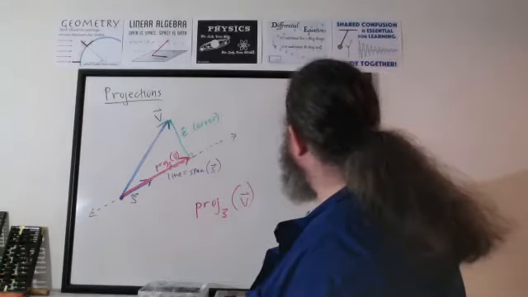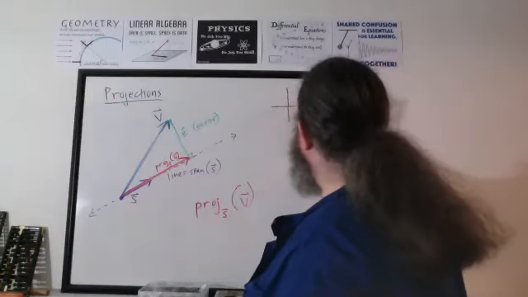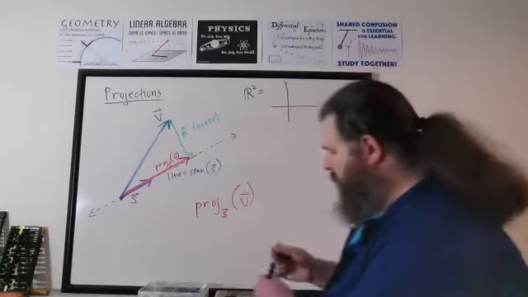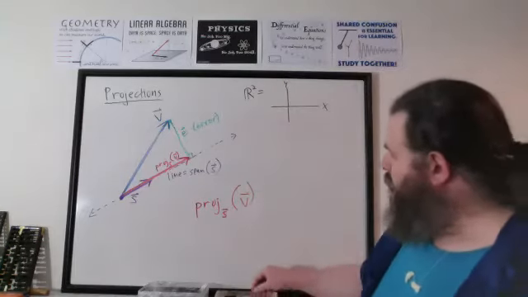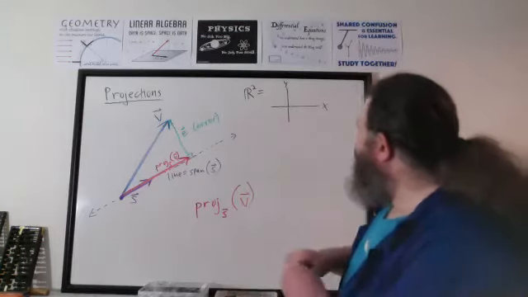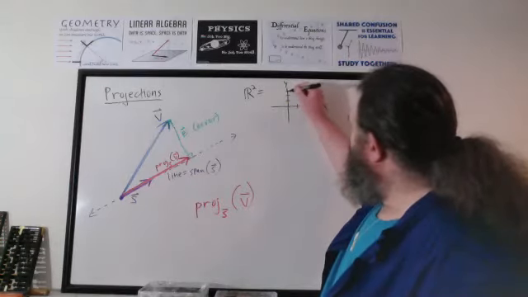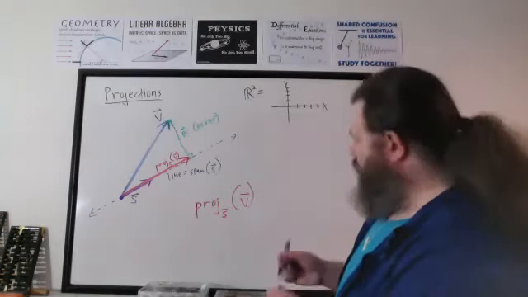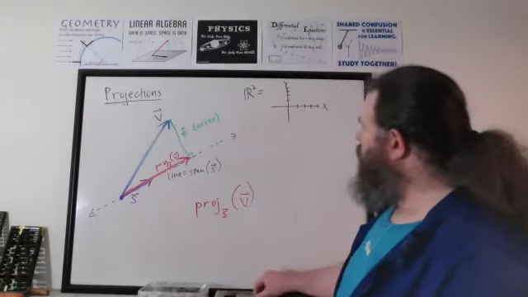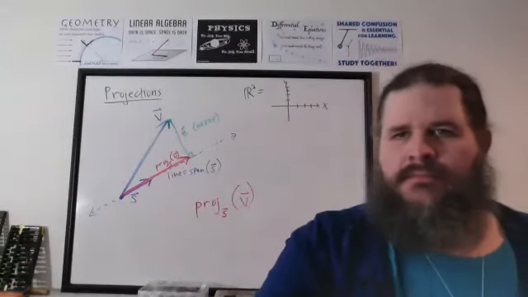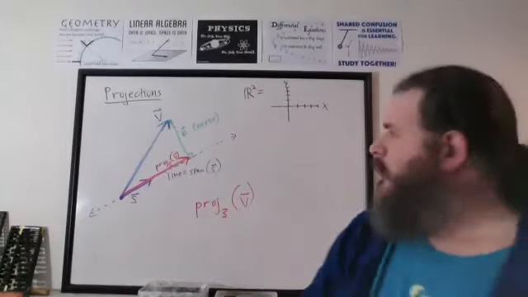Let's say we've got an XY coordinate plane, so just R2. And let's say vector V is 3, 4.